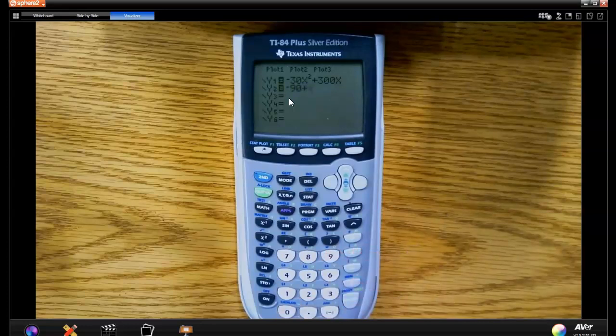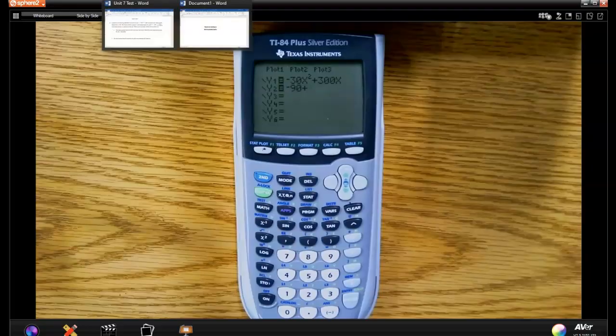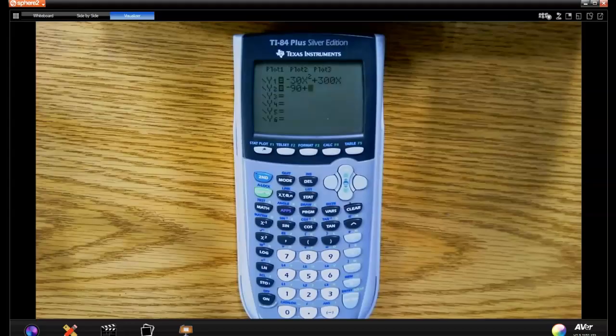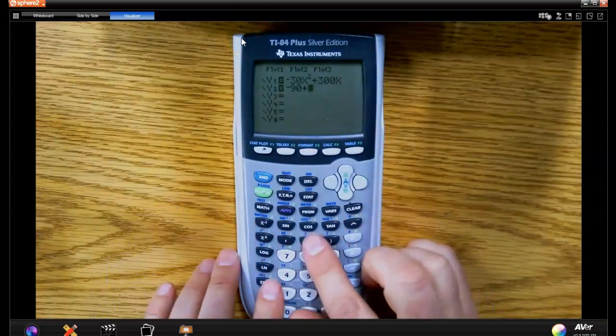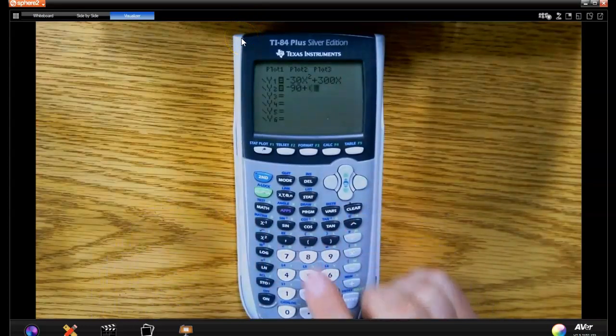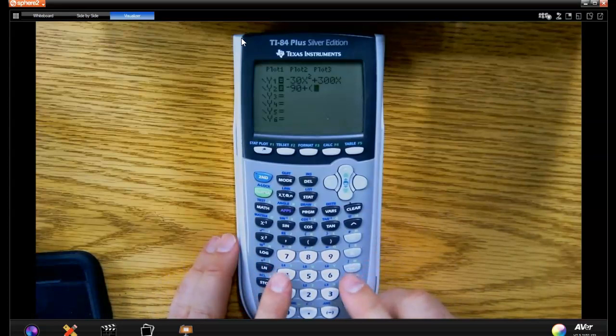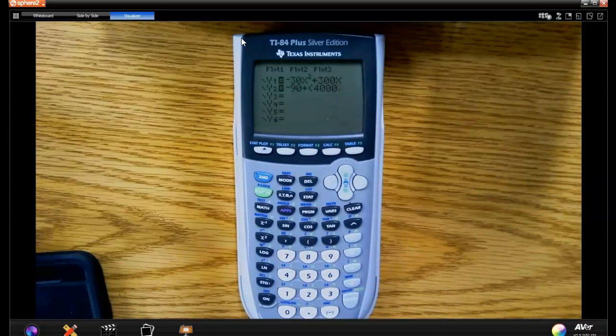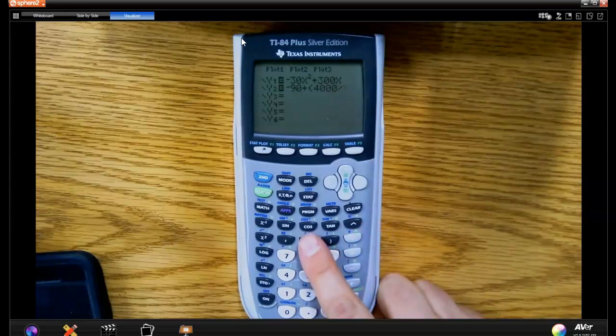And then plus 4,000. Now in this case, we're going to do parentheses. 4,000. If you have just one thing, we'll leave that alone, but divided by, now that bottom is going to need its own set of parentheses.